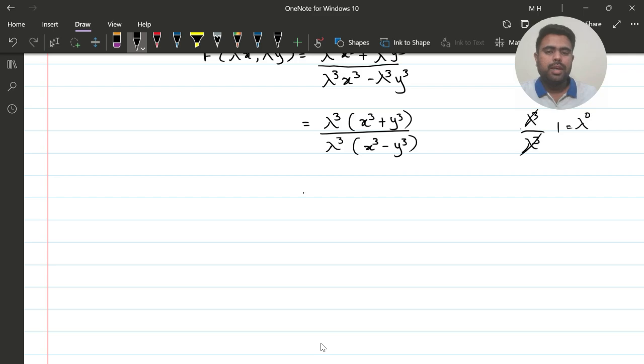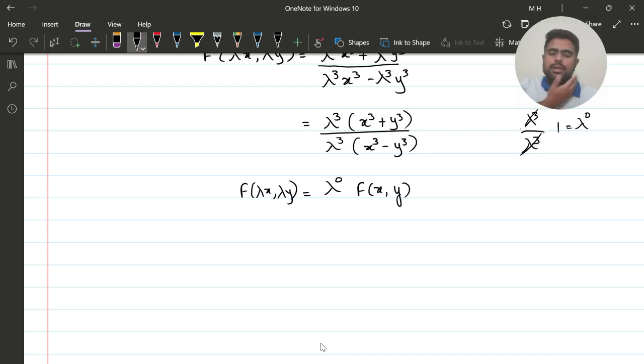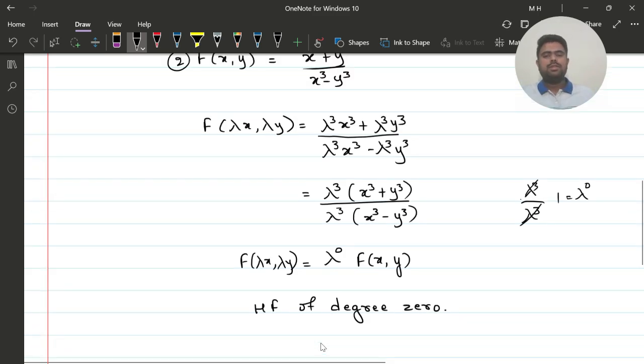So f of lambda x comma lambda y can be written as lambda raised to 0 times f of x comma y. Therefore f of x comma y is a homogeneous function of degree 0.